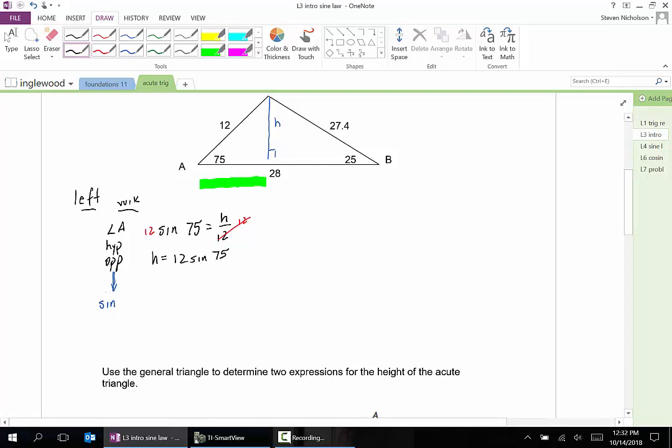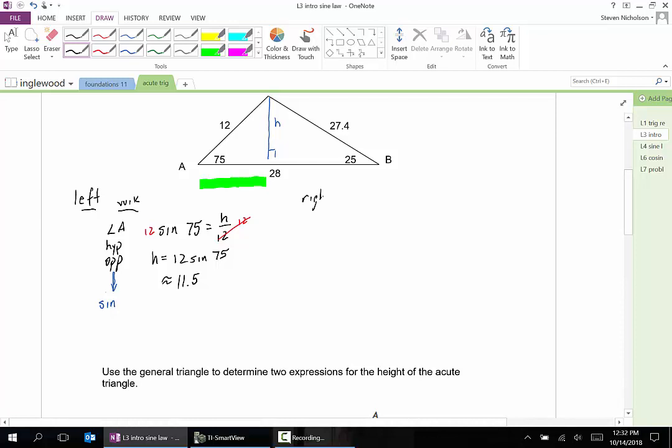Now, I could punch that into my calculator and get an answer if I chose. I'm not going to do that right now, but it would be around 11.5. So if we plugged that into our calculator, it would be around 11.5, and the height would be 11.5, whatever the units are.